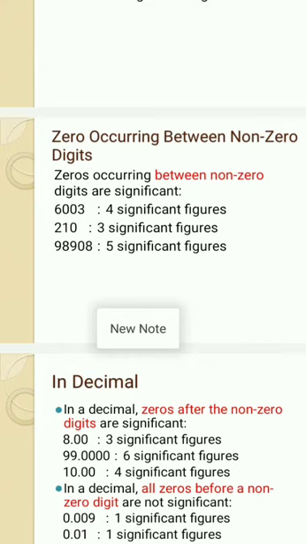Why does it say like that? Before this, I said to you that zeros after the decimal count as significant figures. Do you understand what I want to tell you?